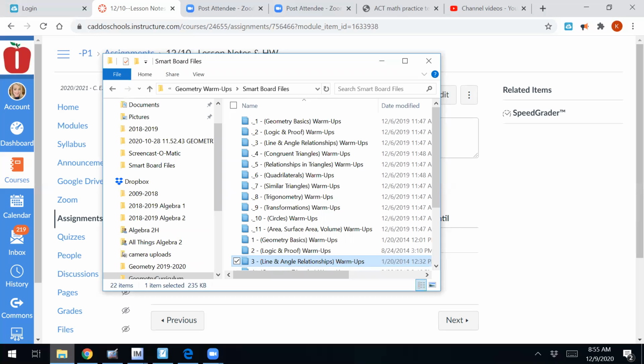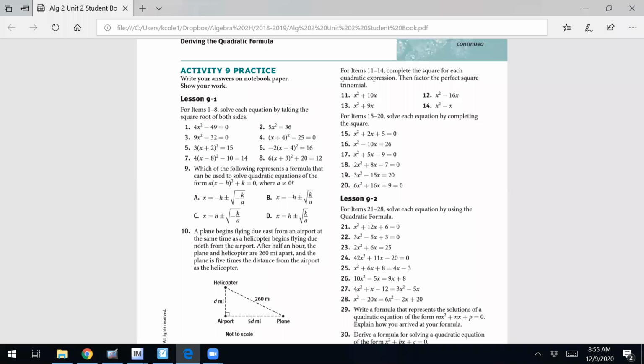So you could go back and reference that lesson if you've got questions. Same thing with this lesson 9-2. You can go back and reference so that you know which notes to look at, which days to look at. So what I want you to do is circle these, or at least write these down, because these are the problems that you're going to do for your review to help get you ready for tomorrow's quiz.